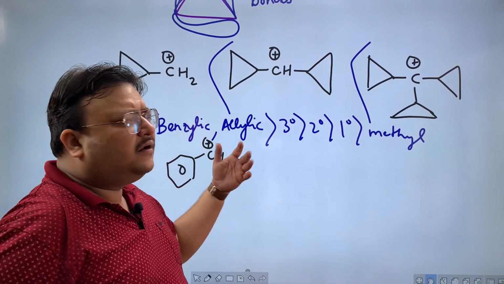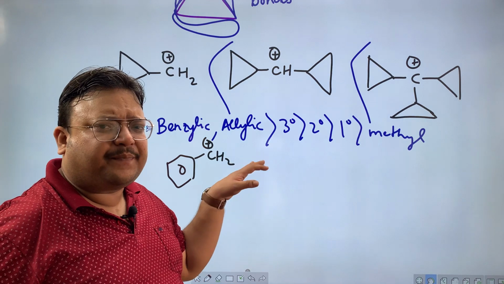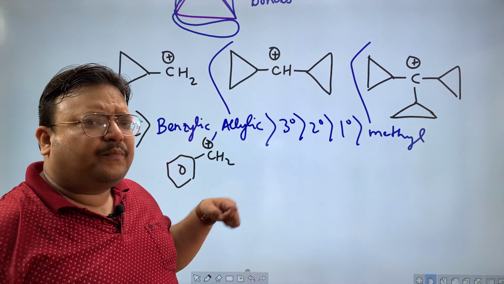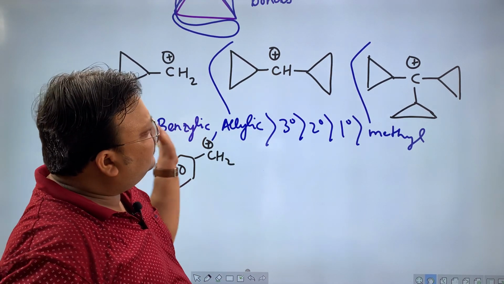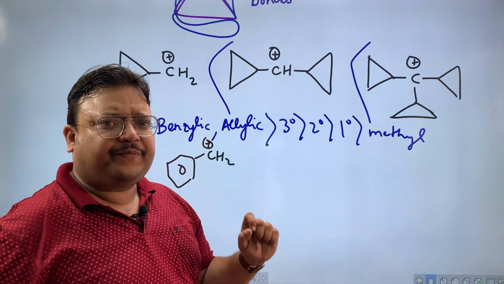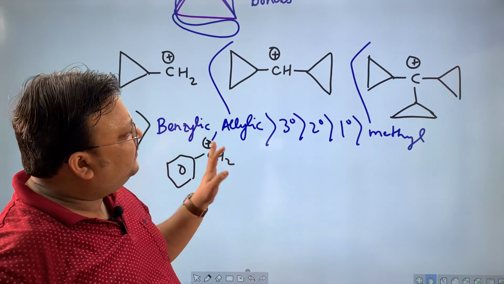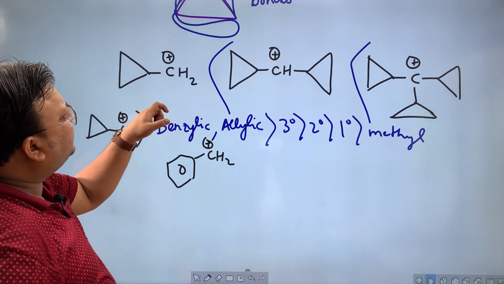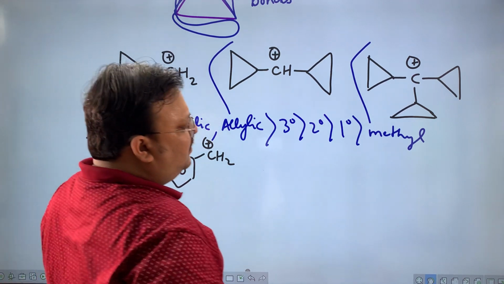In the problem solving classes, when I solve exercises based upon these learnings, a lot more facts would be learnt and taught, but this far and no further for the time being. This is what you need to learn in the first discussion on the stability of carbocation. I have given you a few pieces of information which are more than required. Now moving on.